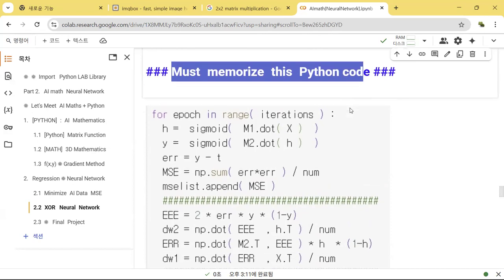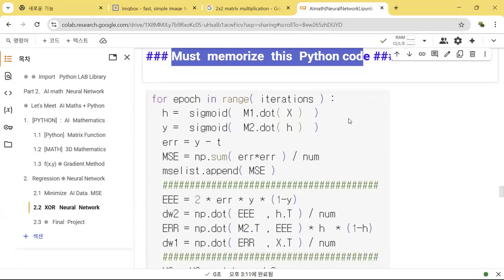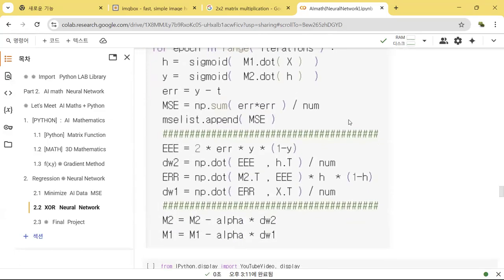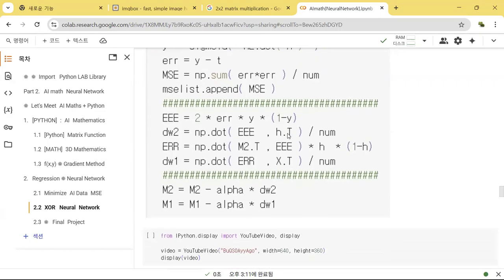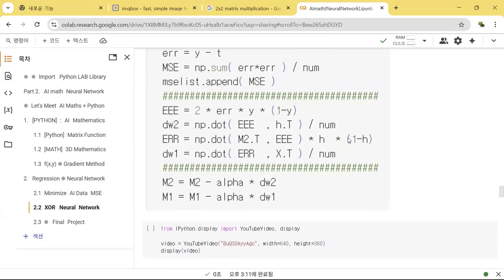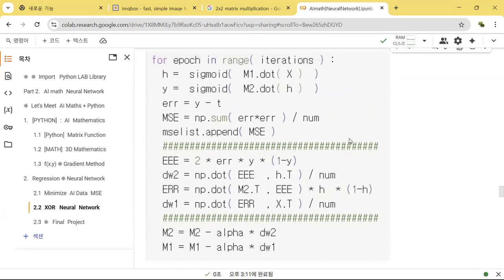So at the Monday quiz time, I ask you to memorize this one and write down your memorized code on paper, okay? And then take a picture and send it using WhatsApp. Okay, thank you very much. And please study this one during the weekend to prepare for the incoming final examination.